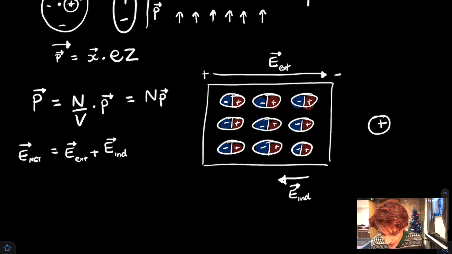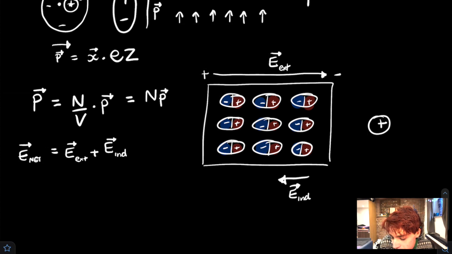So we have this equation right here, but we said that the induced electric field is caused by the macroscopic manifestation of all of the dipoles aligning together, which is causing a polarization, capital P, right there.